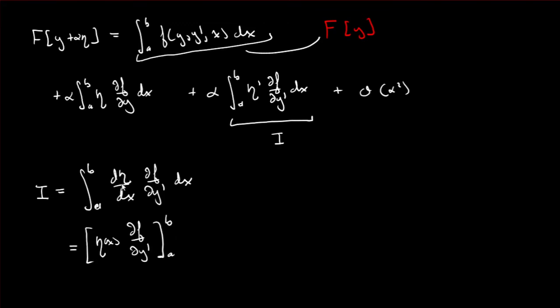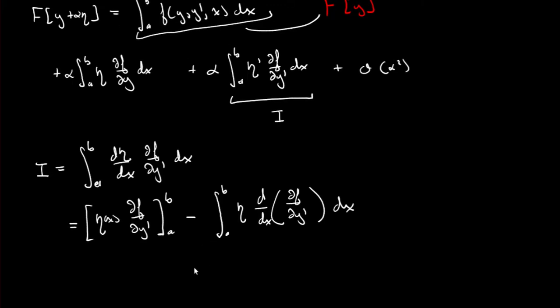So we peel the derivative off eta, then we subtract off the integral from a to b of, and now we take the derivative off eta and we stick it on to df dy prime, so that's the derivative with respect to x of df dy prime dx. So what we've done is we've evaluated this at the boundaries and we've moved the derivative off eta and onto df dy prime, and that's integration by parts.